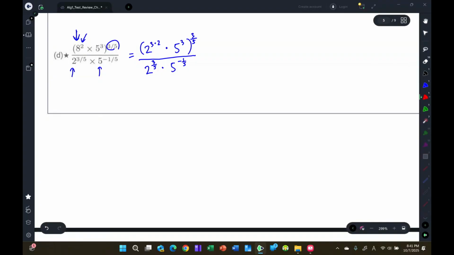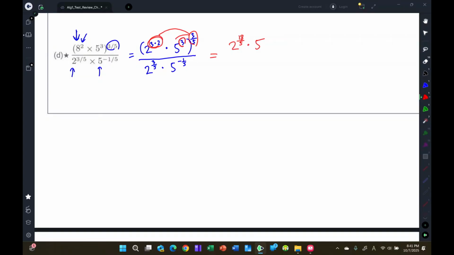Now, the top one has parentheses, so let me break that down. I know this is 6, and if you multiply 6 by 3 over 5, that will be the same thing as 2 to the 18 over 5. Wow, getting messy, right? And if I multiply 3 by 3/5, that's going to be 9 over 5.